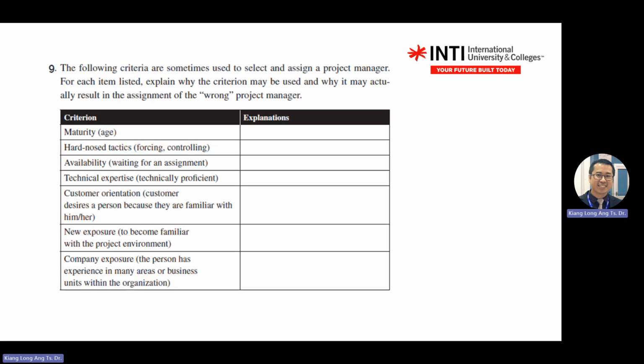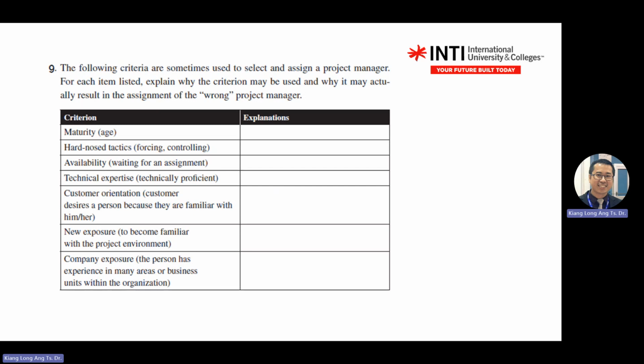Right. Number 9, this one, criteria sometimes assigned. Explain why criteria may be used or why it may actually result in the wrong project manager. Explanation. These are the criteria: maturity or the age, hard-nosed tactics, or they are like controlling, availabilities, technical expertise, customer orientation, new exposures, company exposures, and so on.